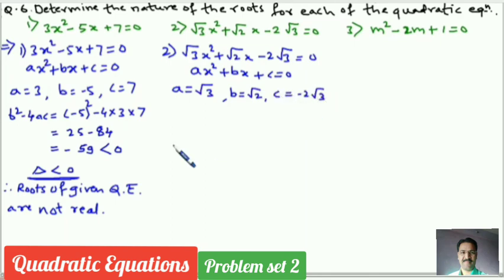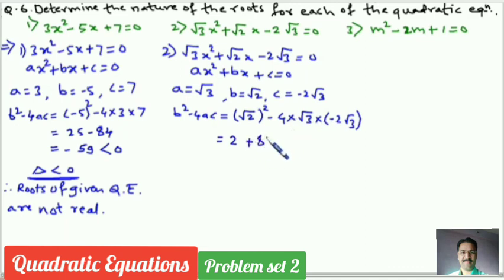Okay, now b square minus 4ac. What is b square? That is root 2 square, minus 4 into a for root 3 and c which is minus 2 root 3 here. Square of root 2 is what? 2. Minus, but minus into minus here it is plus. 4 2s are 8, into root 3 that is 3, so 2 plus 8 3s are 24.